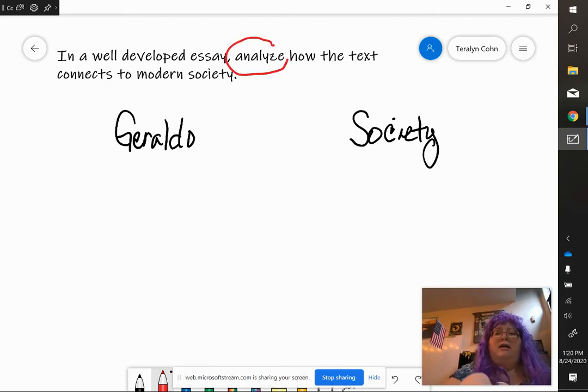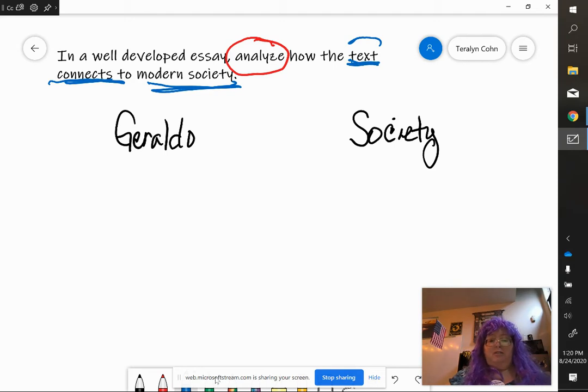We're going to analyze, I guess red, analyze, and what has to be in the essay: the text and how it connects to modern society. What is the product going to look like? It's going to be a well-developed essay.